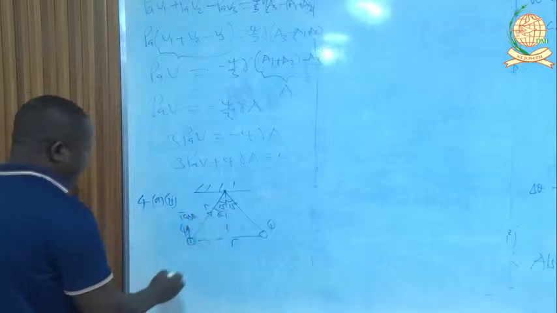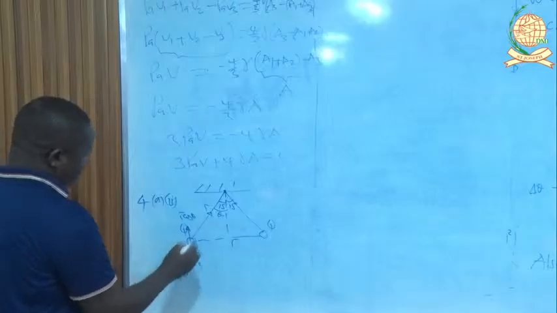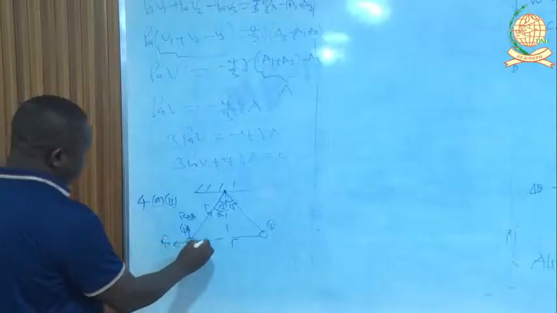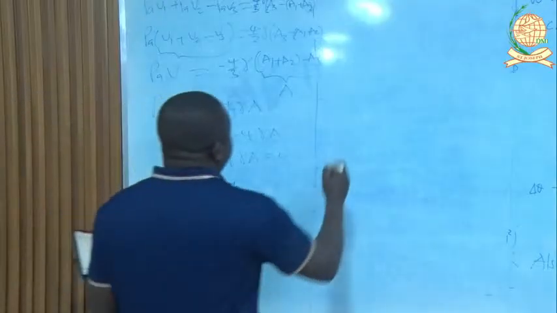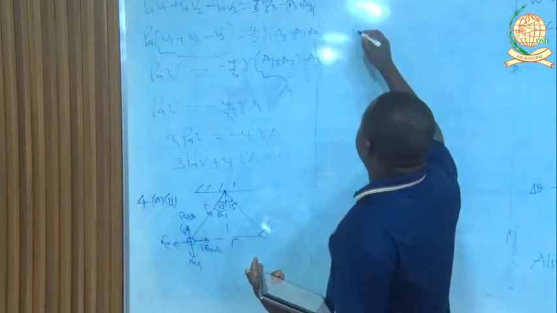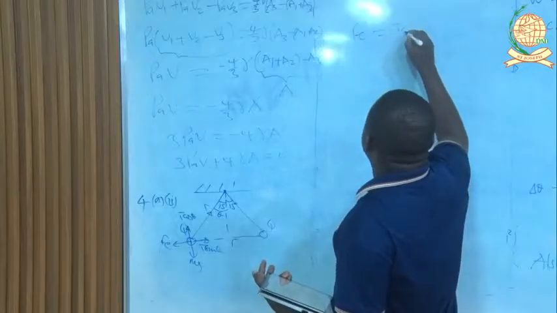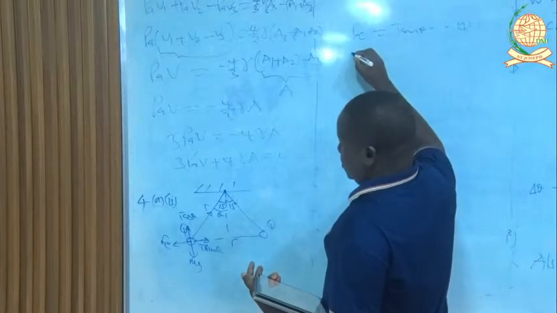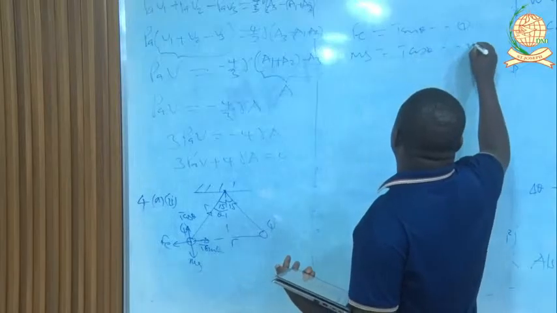If I take this to be theta, there is mass mg, and there is an electrostatic force Fe repelling, but also there is a component of tension T sine of theta. So when in air, for horizontal, Fe is equal to T sine of theta, equation number 1. For vertical, mg is equal to T cosine of theta, equation number 2.